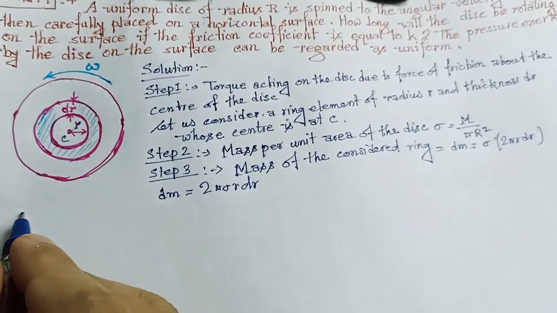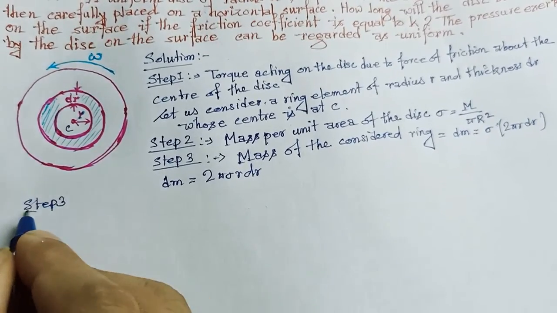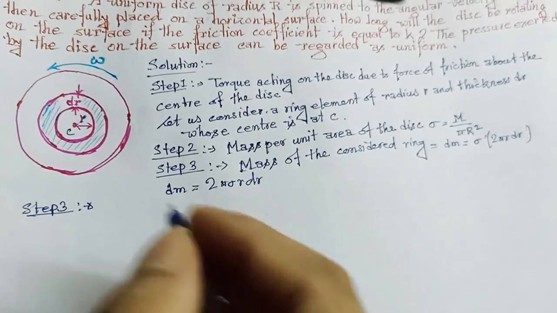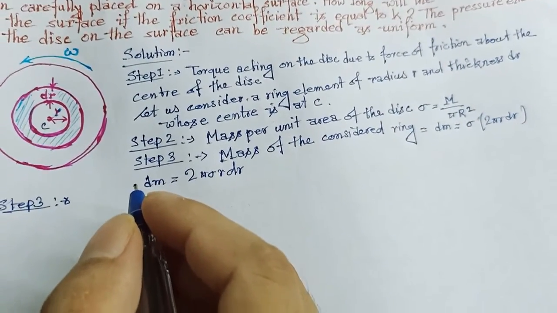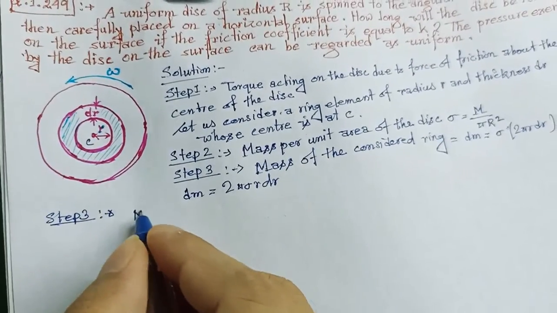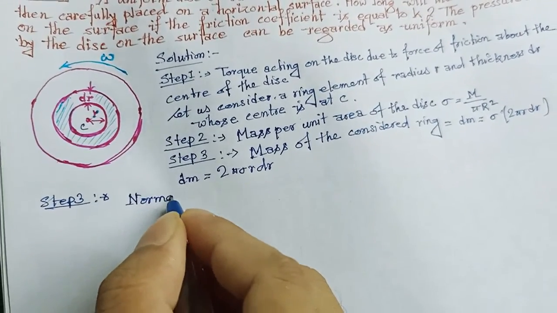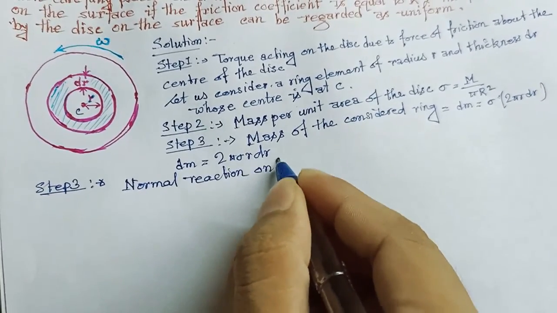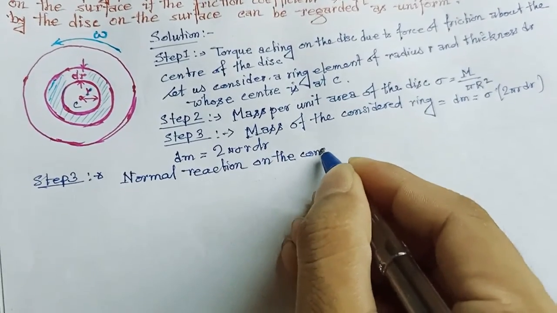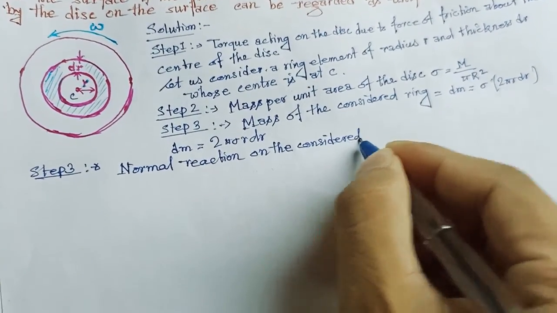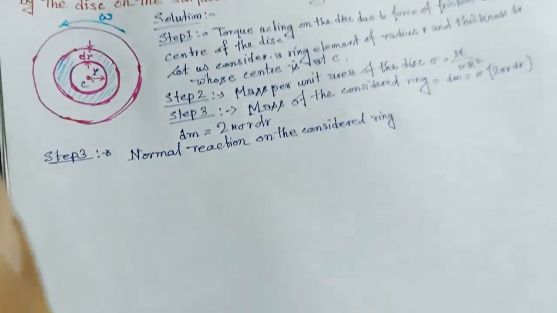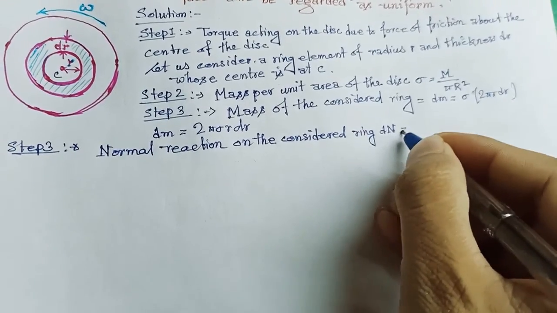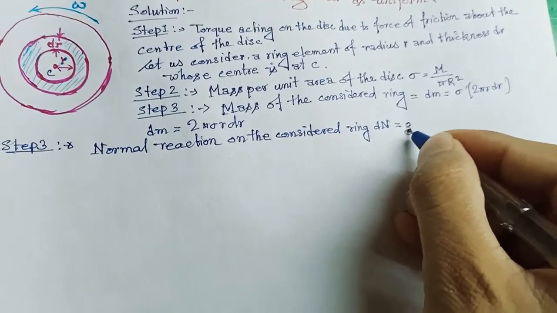Now step 4. In this step we have to calculate the normal reaction on the considered ring. The normal reaction on the considered ring will be dN, and this dN is equal to g into dm.